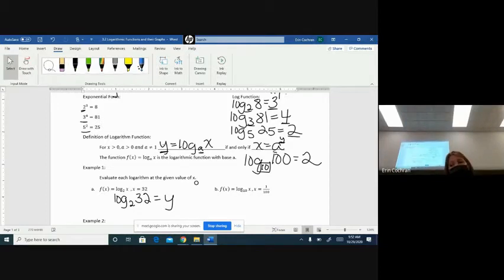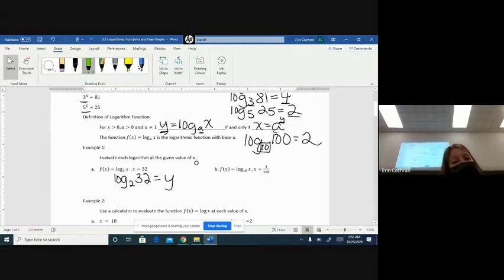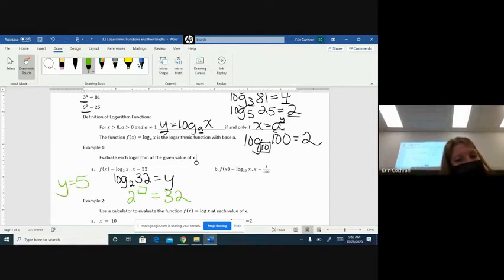So as we look at that, we're looking at 2 to what power would get me to 32? It'd be 5, right? 4 would get me to 16, and then 16 times 2 would be 32.